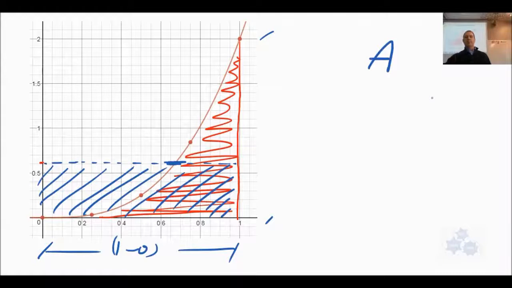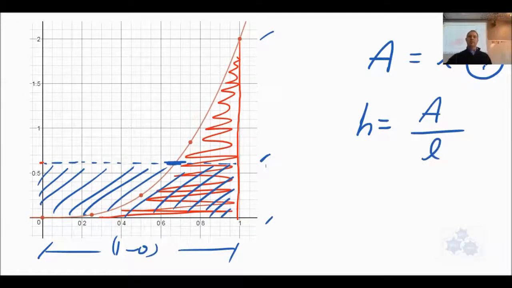Area is length times height of a rectangle, okay? So if we are looking for an average value, then we're looking for the height. So height here is equal to the area over the length. Everyone see that? If we're talking about a rectangle, this is pretty straightforward.